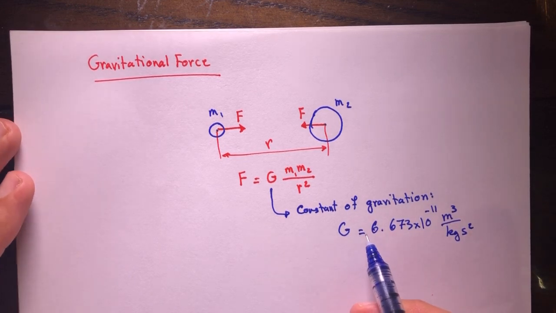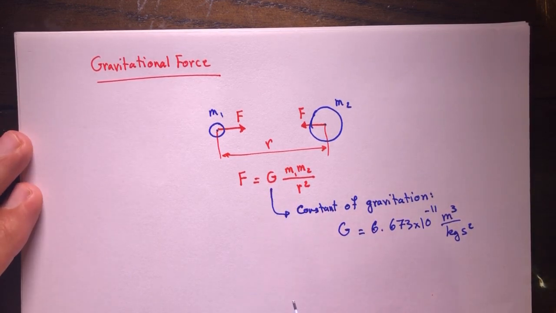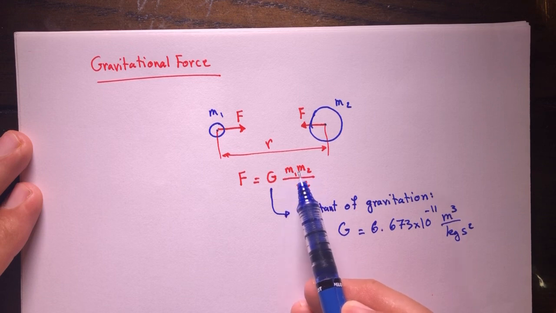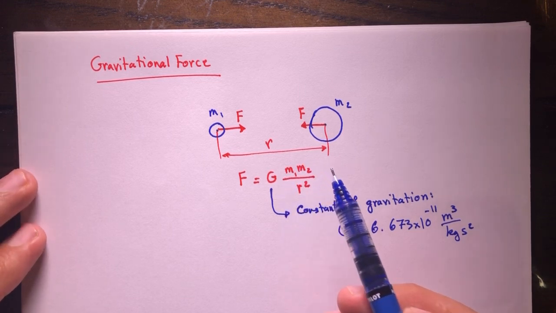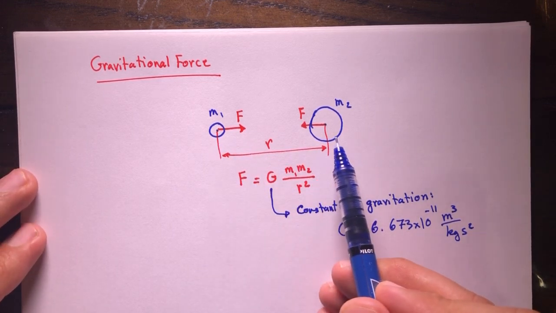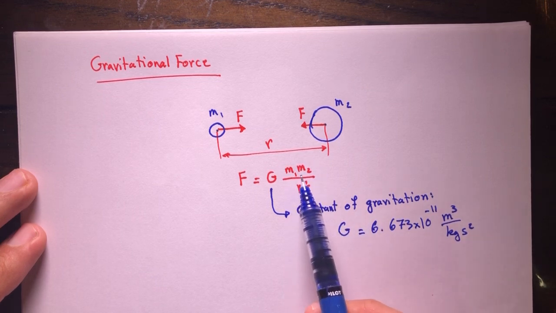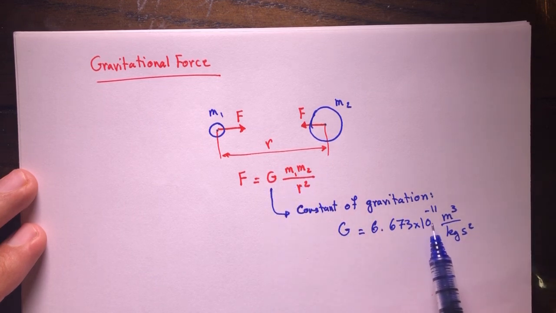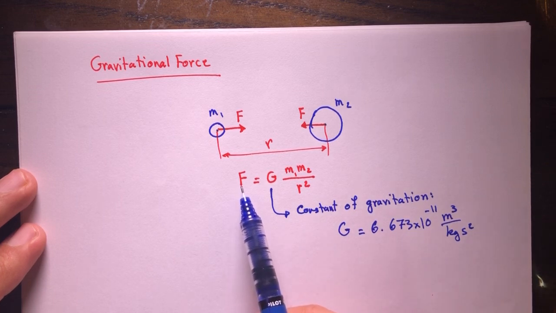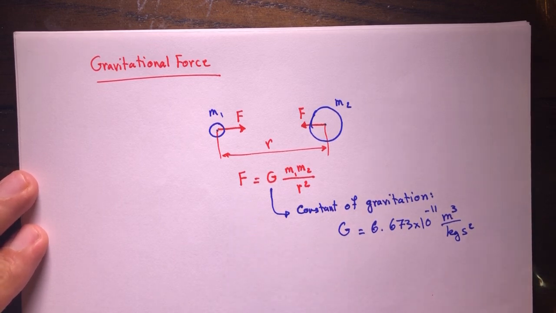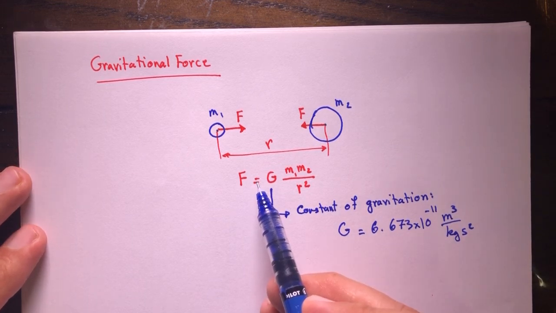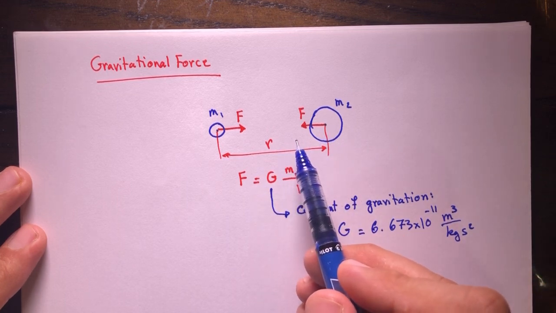Because this G is a very small number, if your particles have small masses, like any ordinary masses, like 1 kilogram or 10 kilogram, then if you multiply 1 and 10 by this very, very small number, the magnitude of that gravitational force is going to be very small. So this force becomes significant if one of the masses is really big.